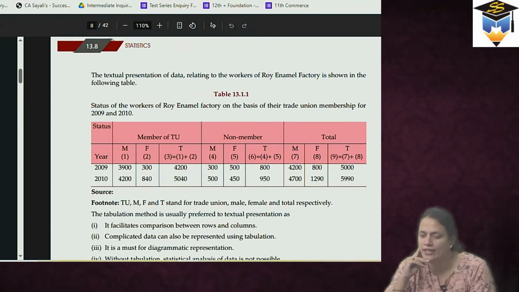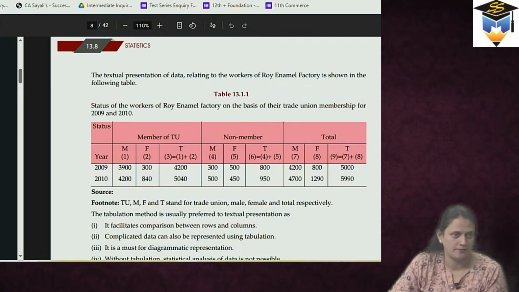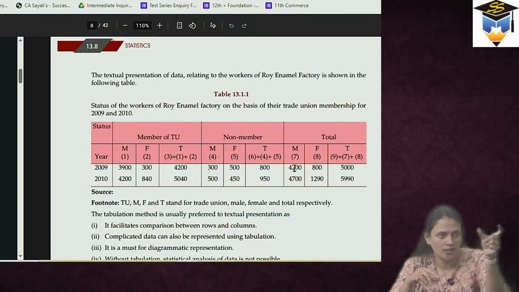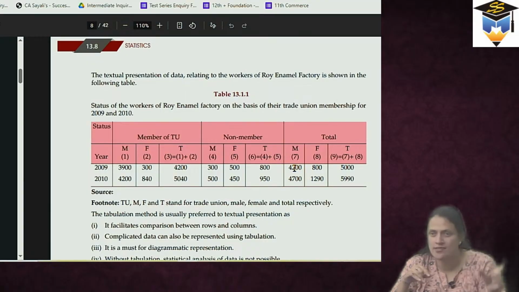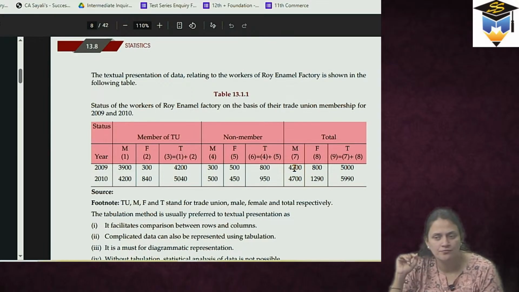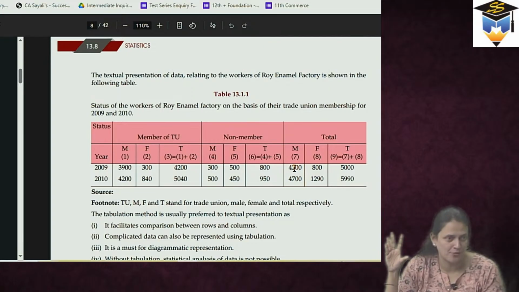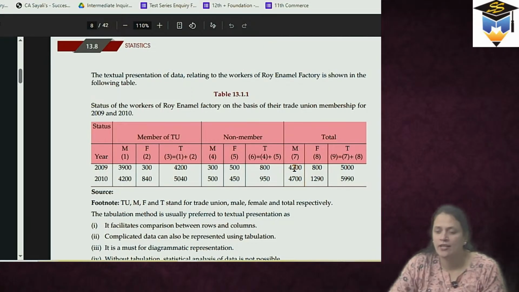Textual presentation of data relating to the workers of Royal Enamel Factory is shown in the following table. Now let us take this table as an example. Can you tell me what is a stub in this? Year 2009, 2010, that is the stub part. Which is the caption? Royal Enamel Factory workers. That should be the main caption. Then what are these captions called? Member of TU, non-member and total.